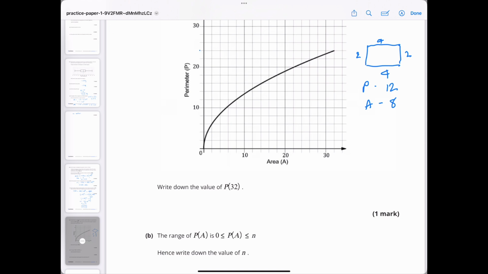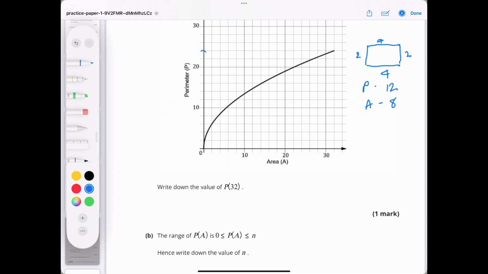Anyway, write down the value of p equals 32. Well, we haven't actually got that, have we? We've got the area equals 32, but I'm assuming that means 24.